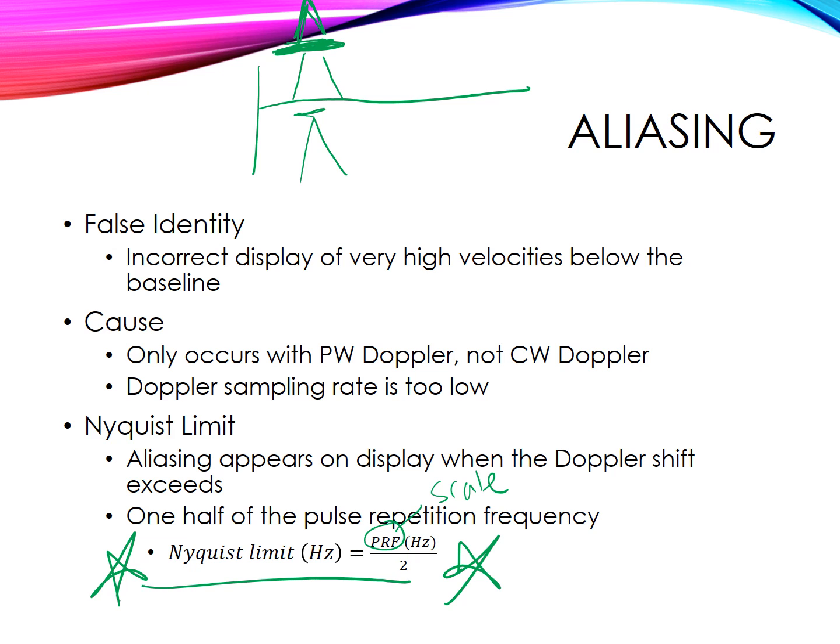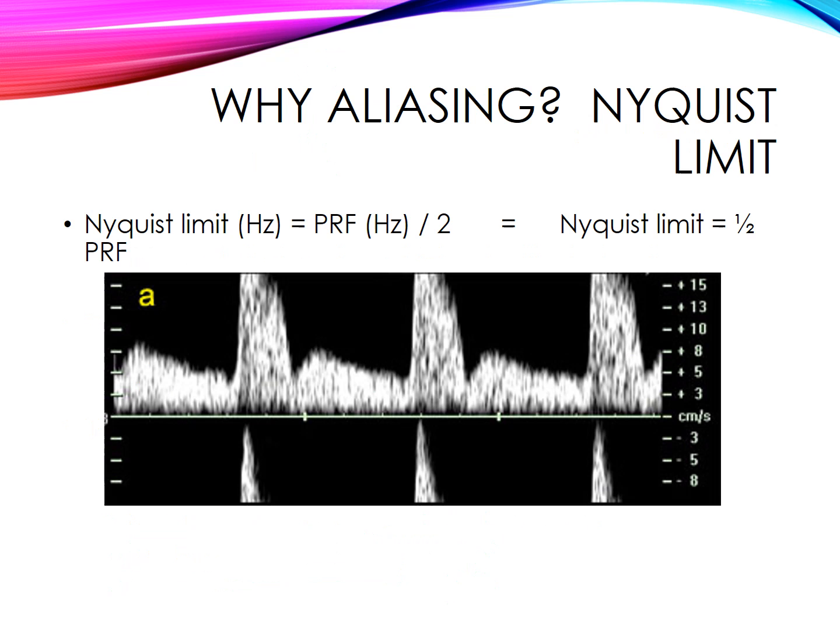So memorize this. If the Doppler shift exceeds the PRF divided by 2, we're going to get aliasing. So remember that aliasing is because the Doppler shift is exceeding our Nyquist limit, and that the Nyquist limit is the PRF divided by 2, or in other terms, half PRF.